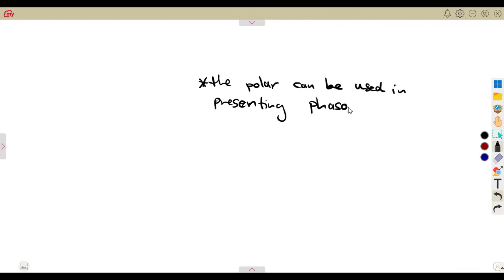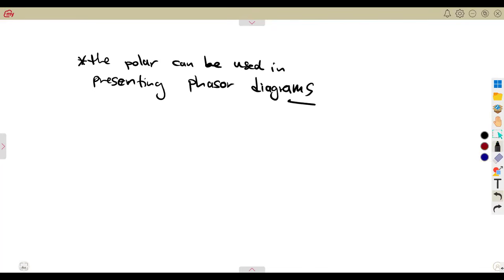The polar form can be used in presenting phasor diagrams. That's another thing to note: the polar form can be used in presenting phasor diagrams.